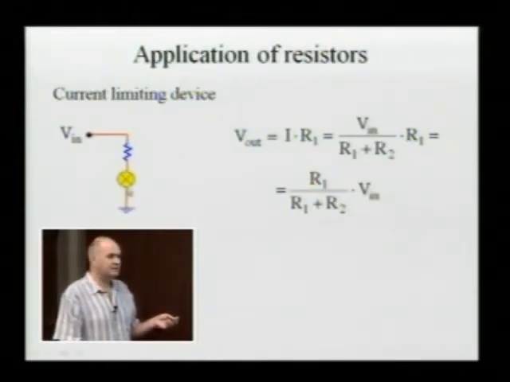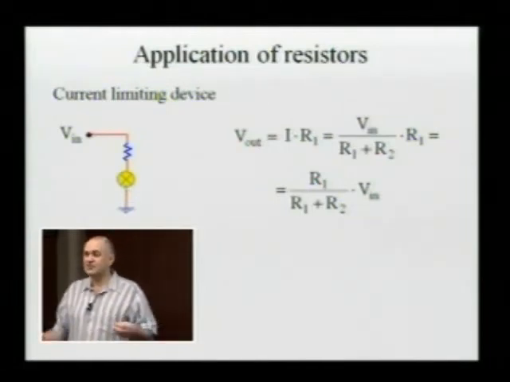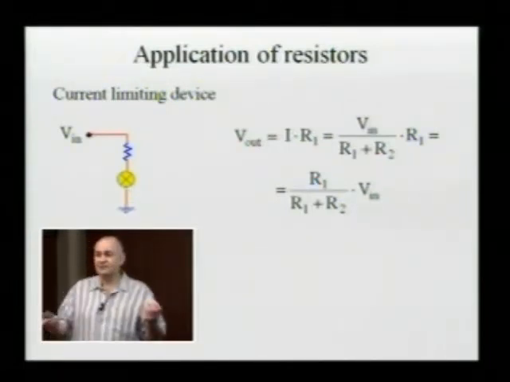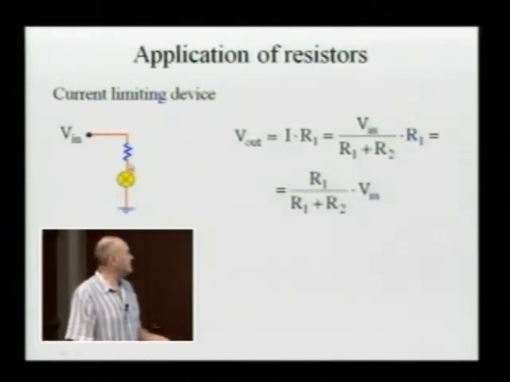If the resistance of the light bulb is 1 ohm and it operates at 3 volts and I have a 9-volt battery, what resistor should I get over here?